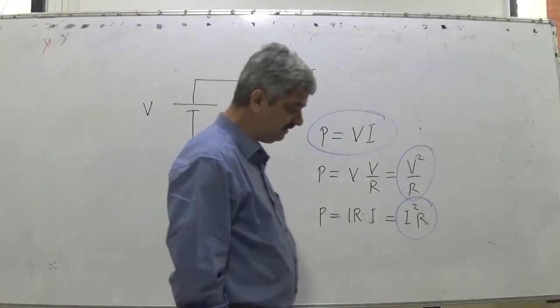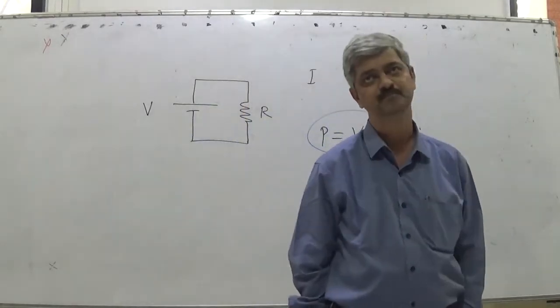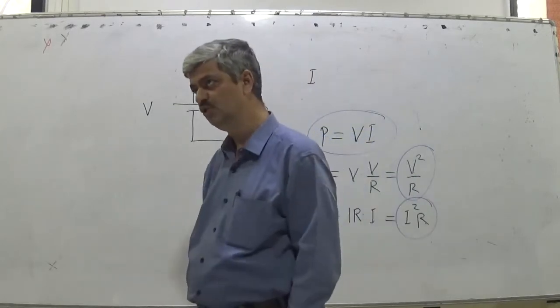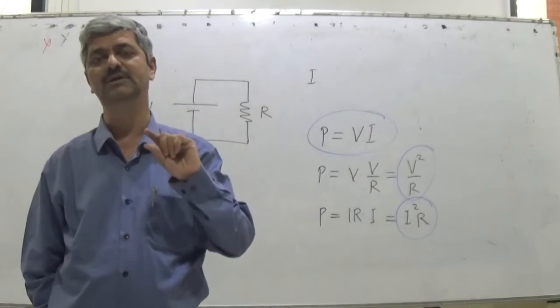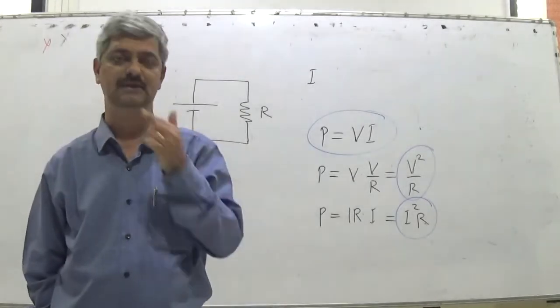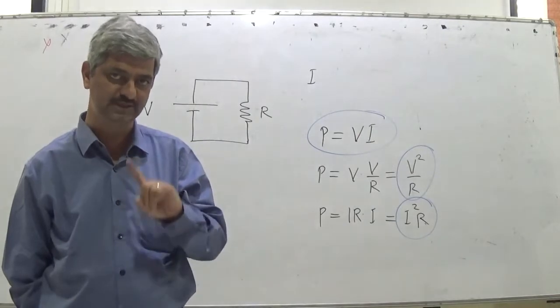So at any given point of time, electric power consumed is the product of voltage and current.